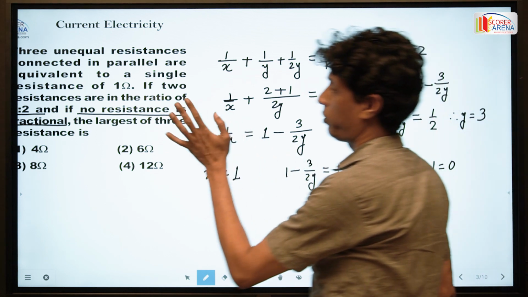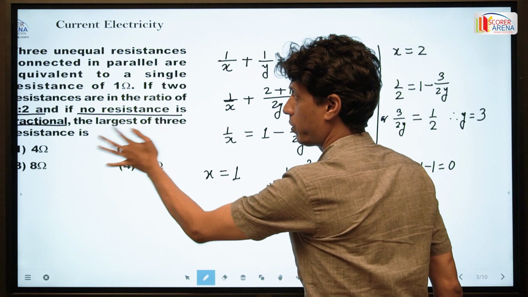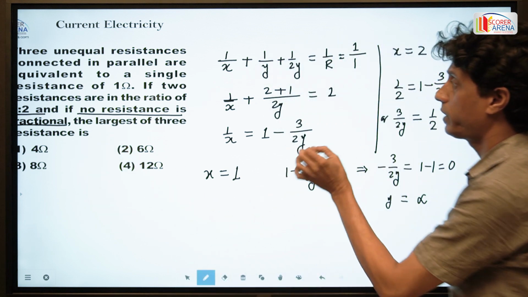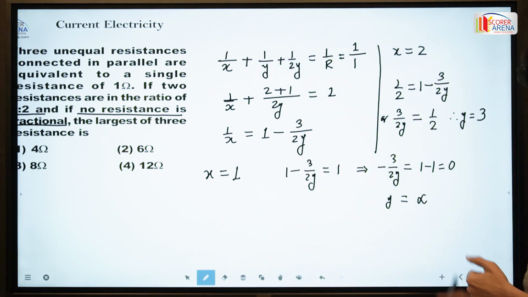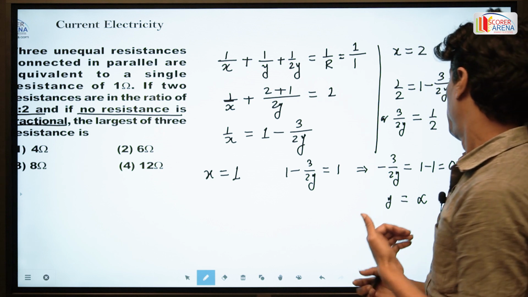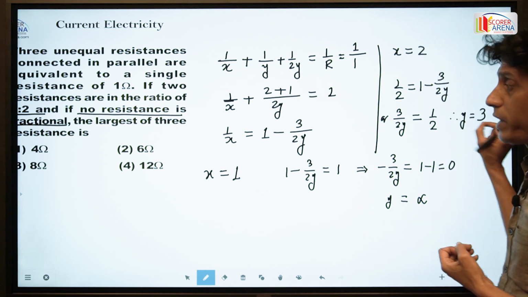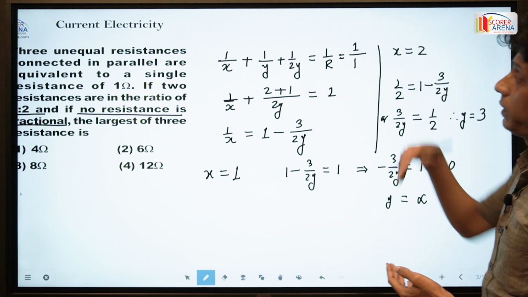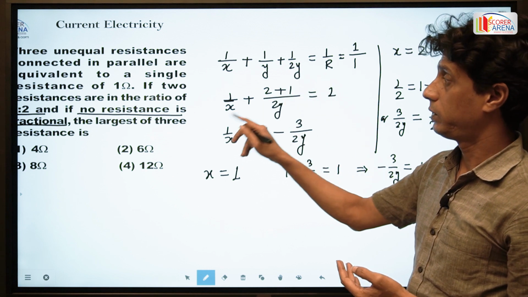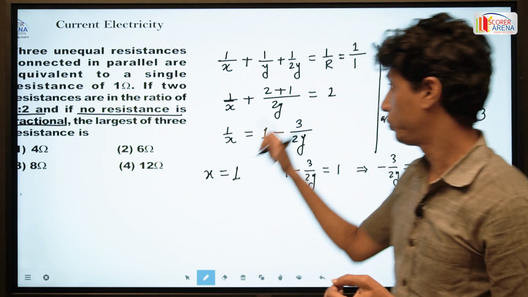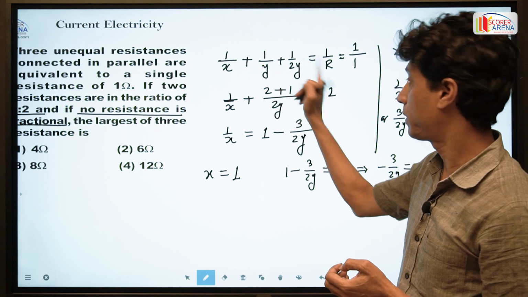But here you have to find the largest of the 3 resistances. If we take X is equal to 2 ohm, then the value of Y is 3 ohm, and the other resistance is in the ratio 1:2, so if one resistance is Y, then the other is 2Y.